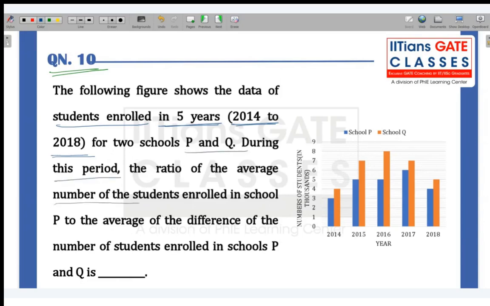Whenever this kind of question is asked, you need to read the question correctly and carefully, then decode what they are asking.